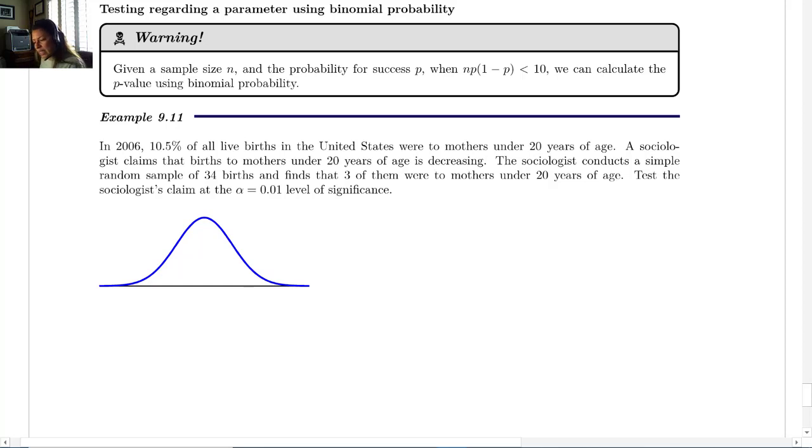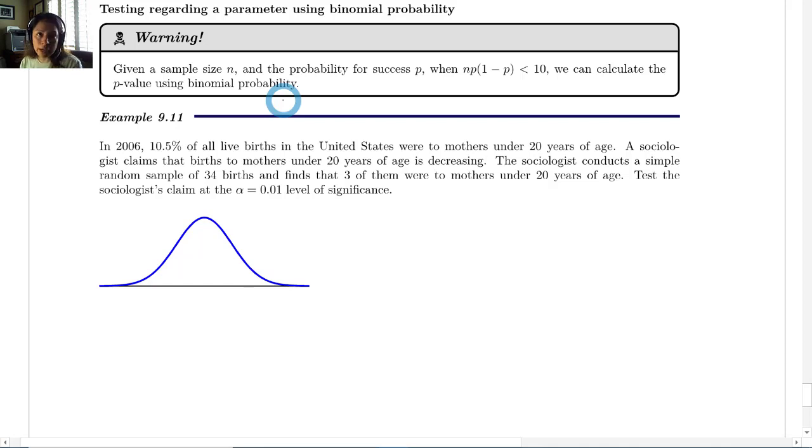So my little warning says, given a sample size n and the probability for success p, when this product is less than 10, we can calculate the p-value using the binomial probability. The nice thing about binomial probability is that we're still able to complete the hypothesis test. This is really important because when testing about a mean, if the sample size is smaller than 30 and we're not given raw data, we can't even test it with box plots.